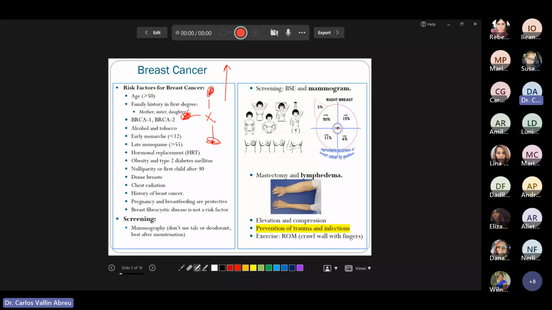If woman X's mother developed breast cancer when she was 70, and woman Y's mother developed breast cancer when she was 50, woman Y has a higher risk than woman X. Why?